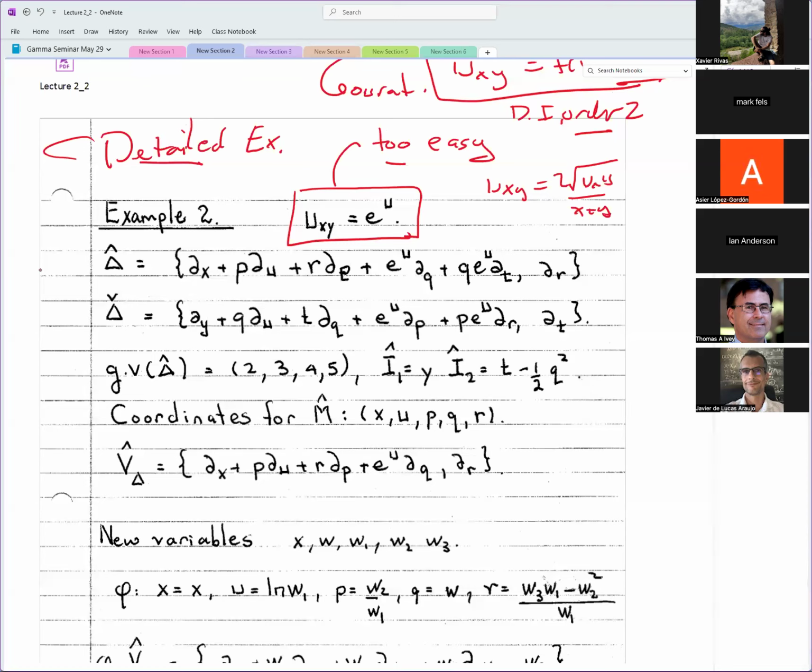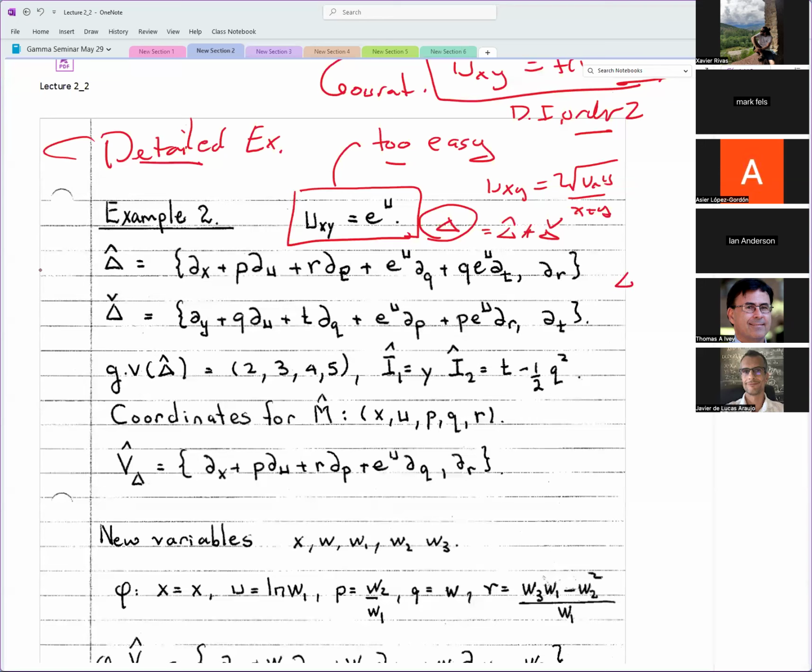So here's this differential equation. We talked last time about how you code it up as a distribution. We mentioned how you can now write it as delta hat plus delta check. And then you can just get on your computer and take brackets, or in this case, you can do it by hand.